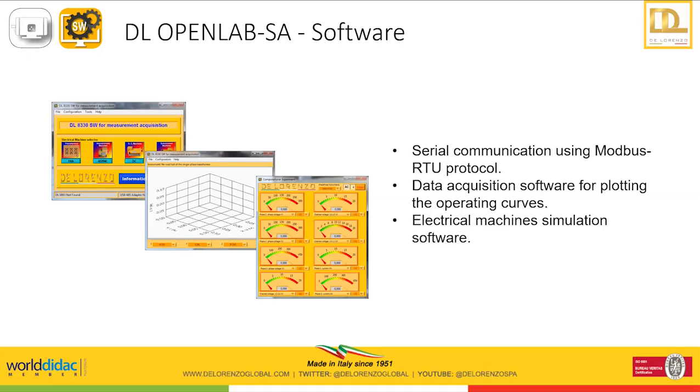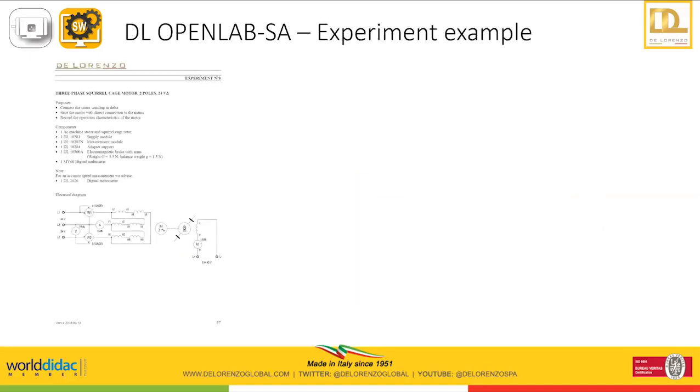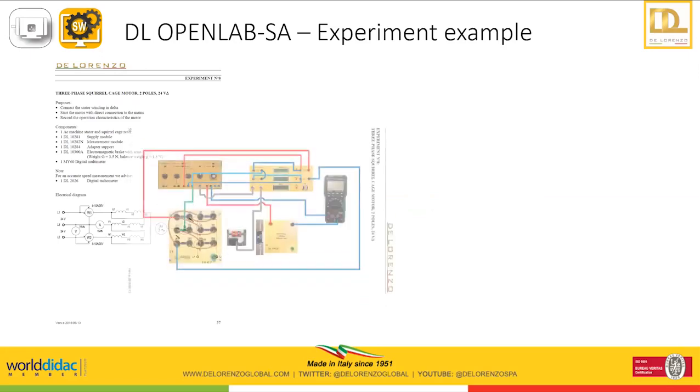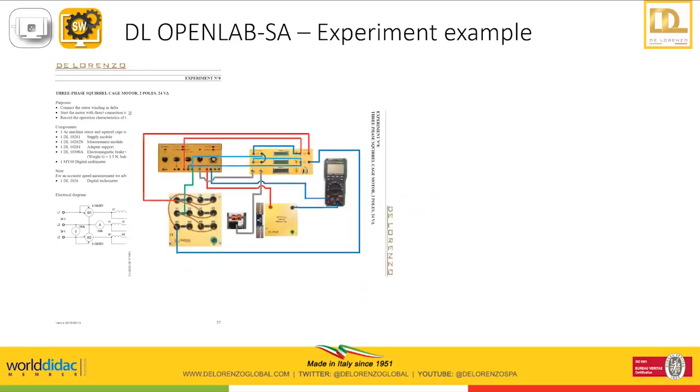This is just an experiment model, one example extracted from the manual. As you see, for example, this one: three-phase squirrel cage motor, 2 poles with configuration delta, and 24 volts as a voltage supply. We have this connection diagram.